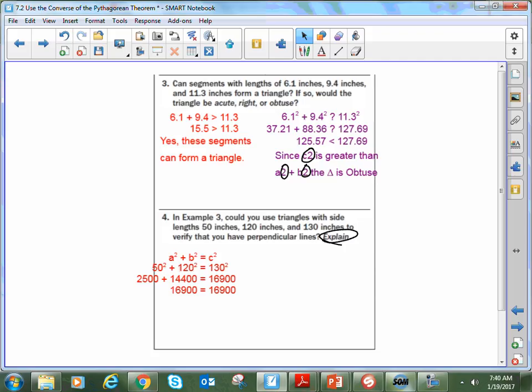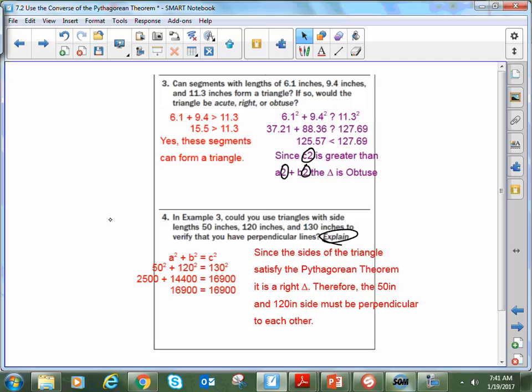In this case, a squared plus b squared is equal to c squared. So how do I know I have perpendicular lines? Here's my explanation: since the sides of the triangle satisfy the Pythagorean theorem, it must be a right triangle. Therefore, the 50-inch segment and the 120-inch segment must be the legs and are therefore perpendicular to each other.